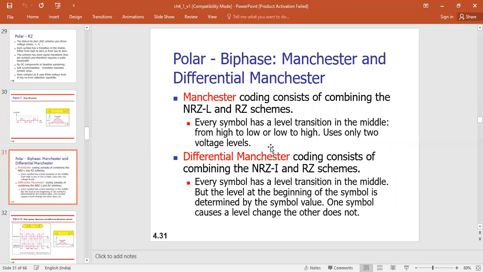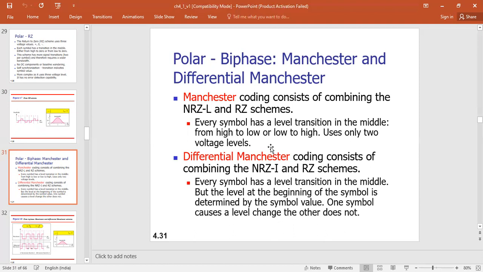Next, polar biphase: Manchester and differential Manchester. In the Manchester technique, the coding consists of combining NRZ-L and RZ. Mixing the two together gives the Manchester biphase. Each signal has a transition in the middle, from high to low or low to high, and uses only 2 voltages.